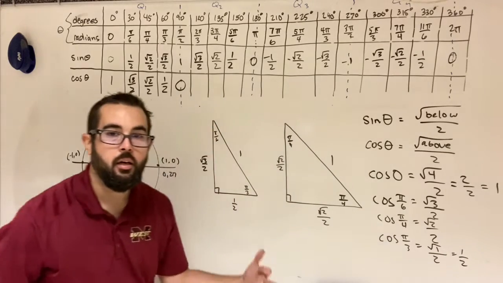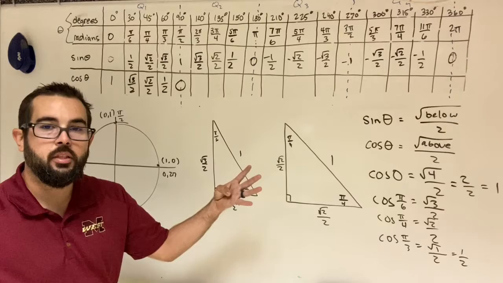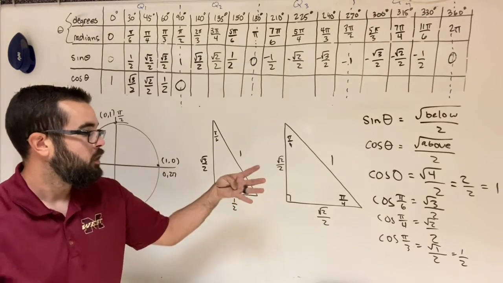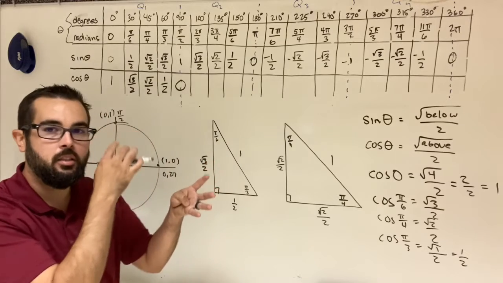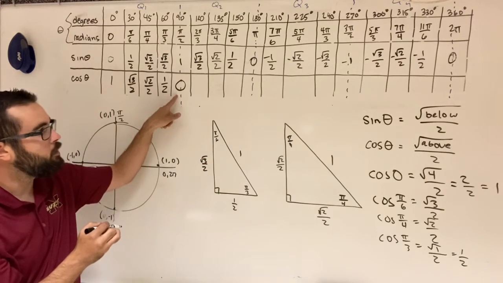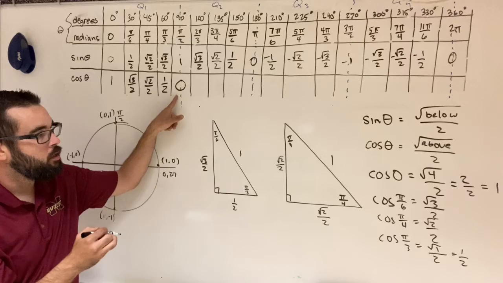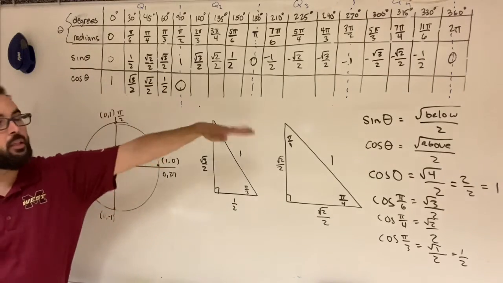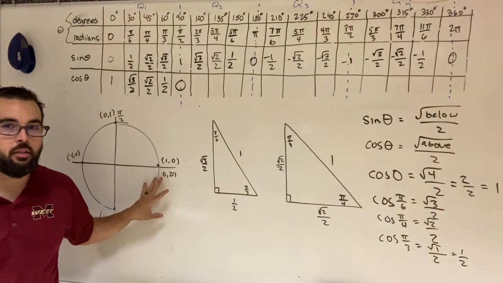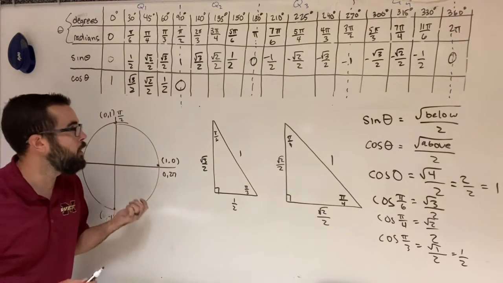And then I'll just say this one. The cosine of 90 degrees, or pi over 2, there's no finger above, so the square root of 0 divided by 2, which is 0. That's what we got there. So now that we got the hand trick, we can complete the rest of the table without these triangles or circles. So let's try it.